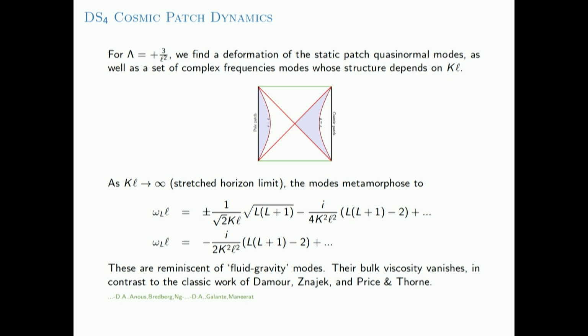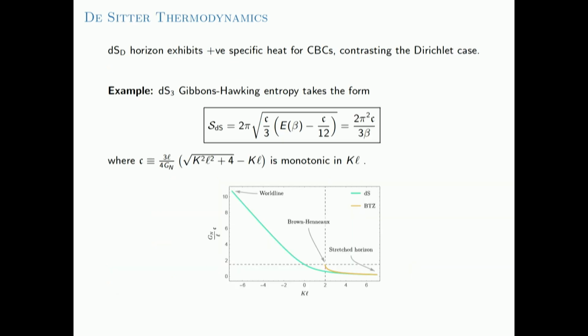Except for the fact that unlike previous discussions of these fluid-like modes, which had a negative bulk viscosity, by virtue of the tracelessness of the Brown-York stress tensor, these modes actually have a vanishing bulk viscosity, which is reminiscent of the kind of fluids people studied in AdS/CFT.